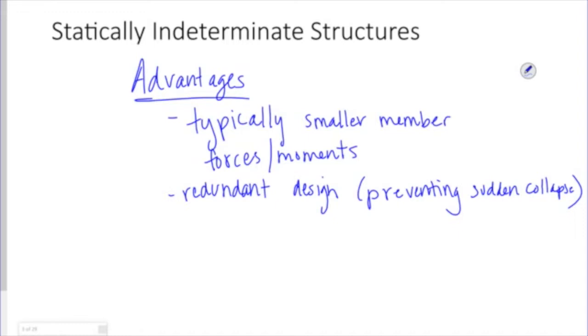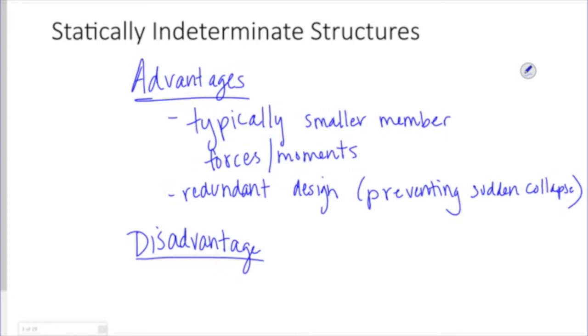One disadvantage is that if you have differential settlement, displacements, fabrication errors, temperature, those can all cause additional stresses within your cross section.